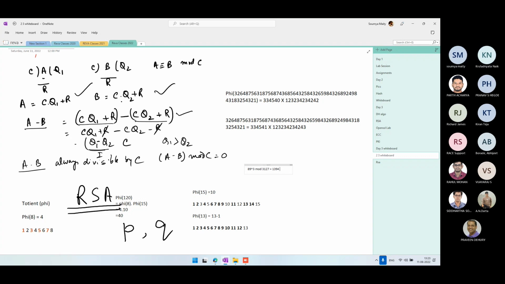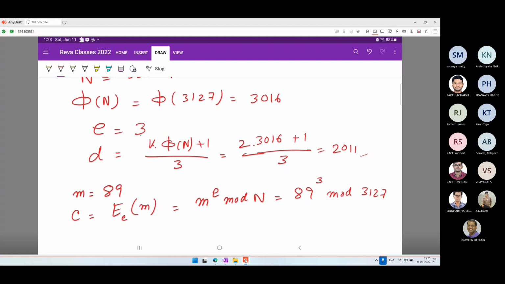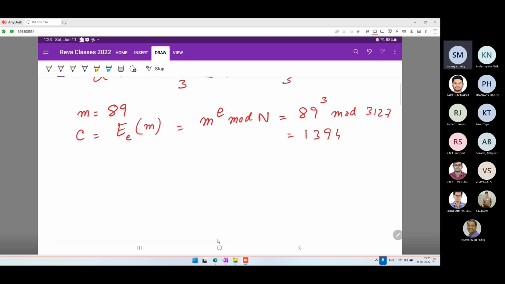Let's see. 1394. So this is our ciphertext.